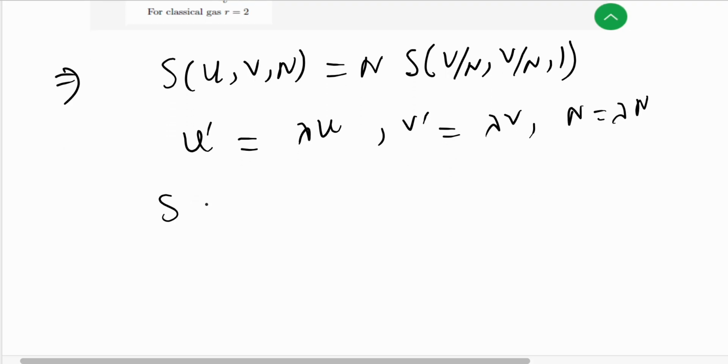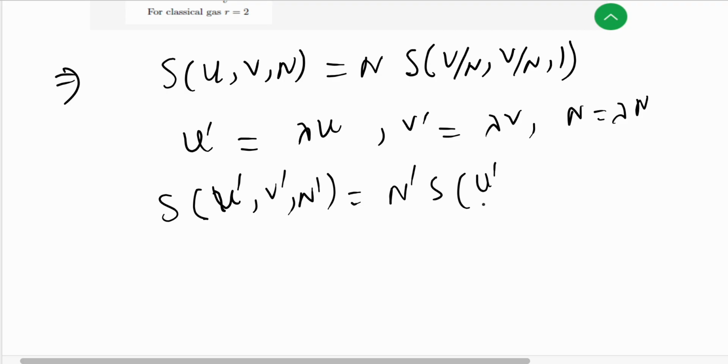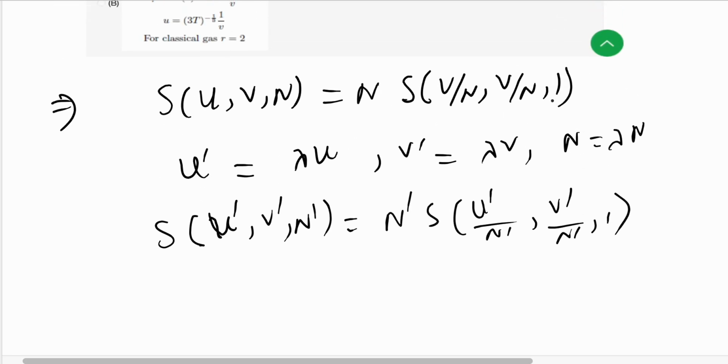what my entropy will look like is S(U prime, V prime, N prime) equal to N prime times s(U prime by N prime, V prime by N prime, 1). Since this is a scalar, if I change my coordinates it will not change.